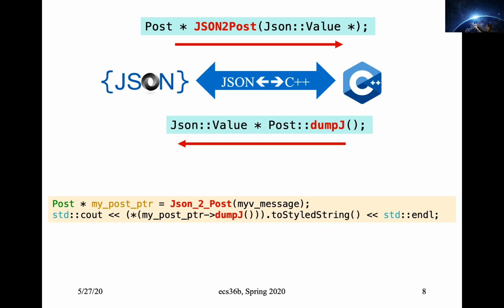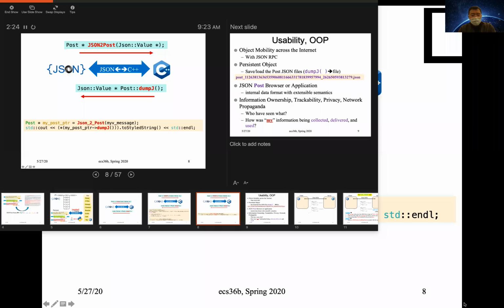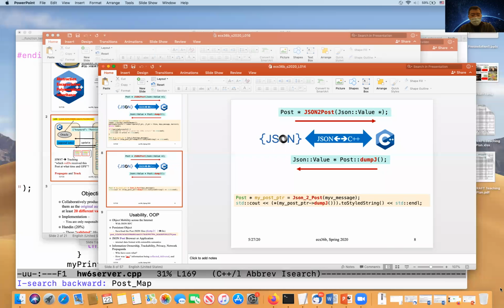The newer version over here should be my post pointer dot JDOM. Let me change it. I should have changed this a while ago. Sorry about that. Let me change this slide. This should be my post pointer to the JDOM.